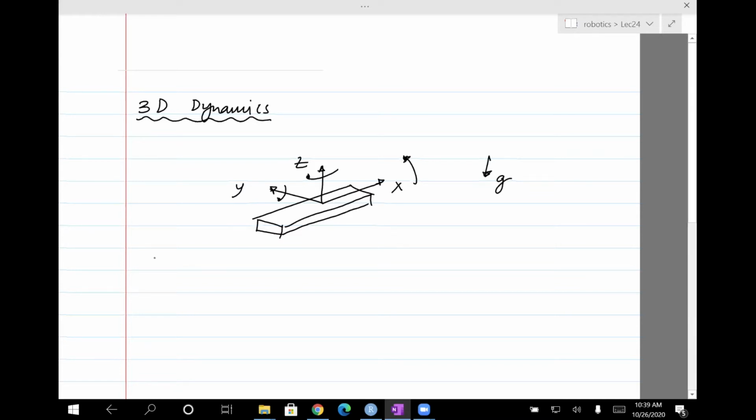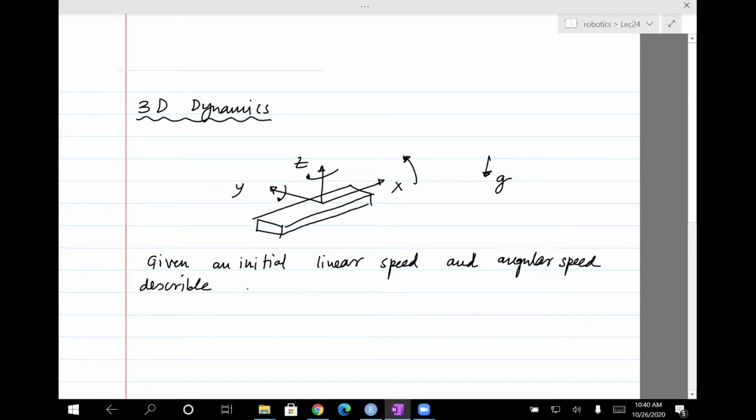So given an initial speed, so let's say linear speed, and angular speed, describe the motion of the object.